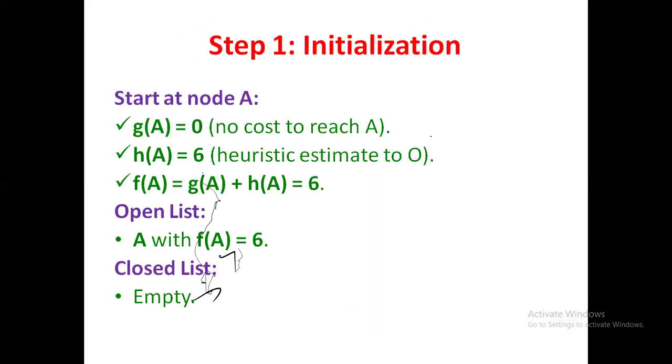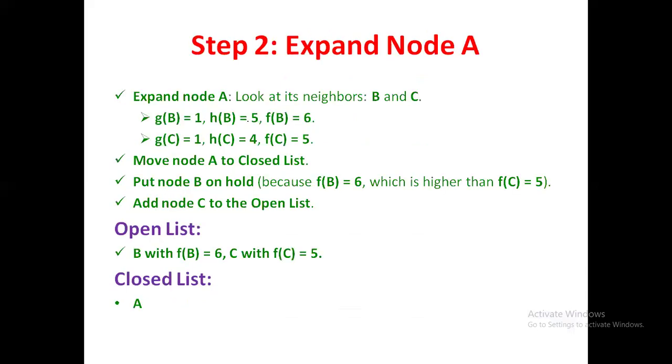If you are expanding this node, which one is giving the minimum cost? F of B is 6 and F of C is 5. Node C has the lower value. What will happen after this? Since it has the lower value, we proceed from it.